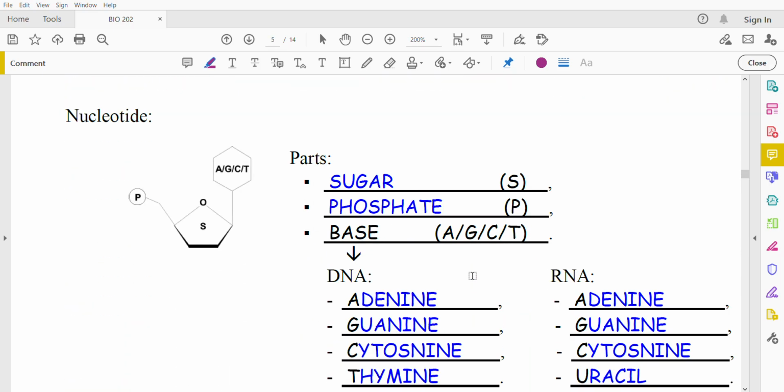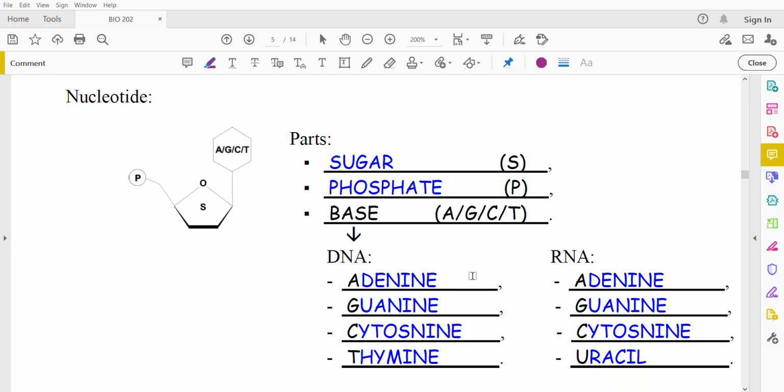What I do want to review with you here, though, is the structure of a single nucleotide, the basis of the DNA or RNA. In the case of DNA, a double strand, and in the case of RNA, a single-stranded structure. So let's review that quickly.